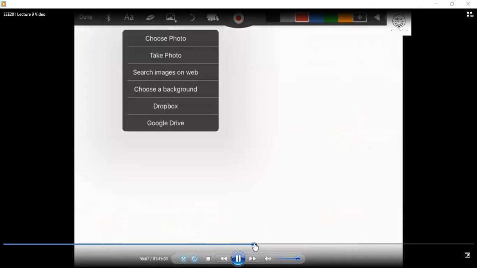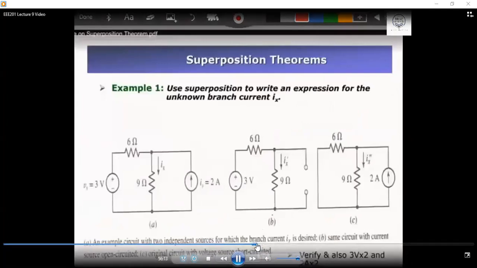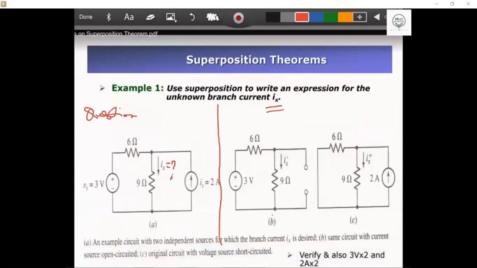Okay, now can you see the problem? Example 1. This is the question, and this is the solution. So you see your solution 50% is done for you in this slide. Why? In the question, how many independent sources are there?